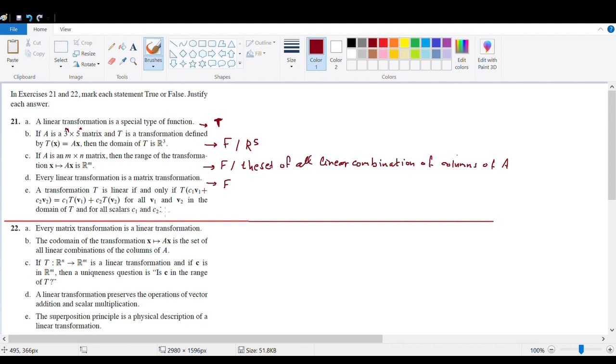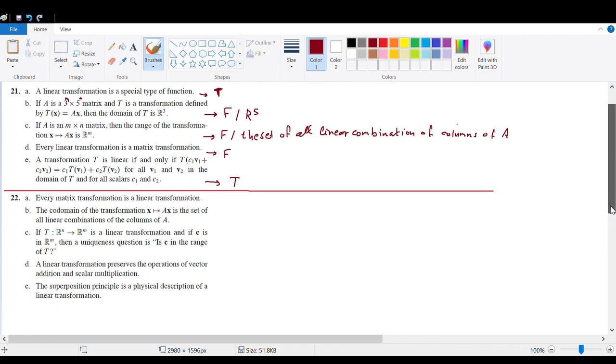E: a transformation T is linear if and only if T(c1 v1 + c2 v2) = c1 T(v1) + c2 T(v2) for all v1 and v2 in the domain of T and for all scalars c1, c2. This one is true. You will find it in the textbook after the definition of a linear transformation, which was statement IV.